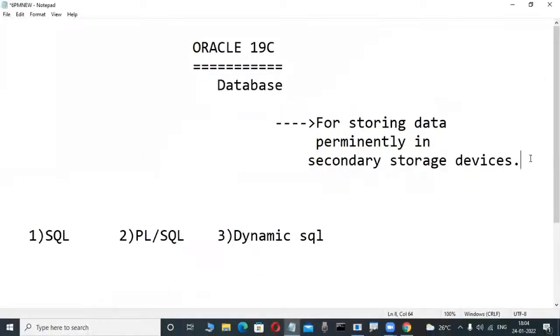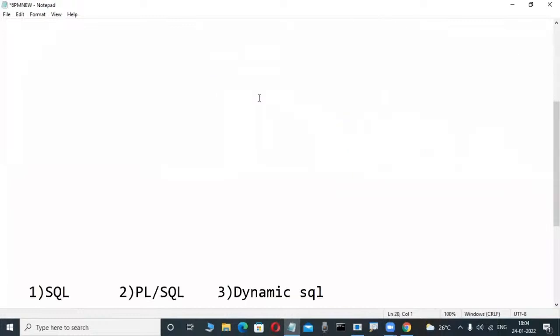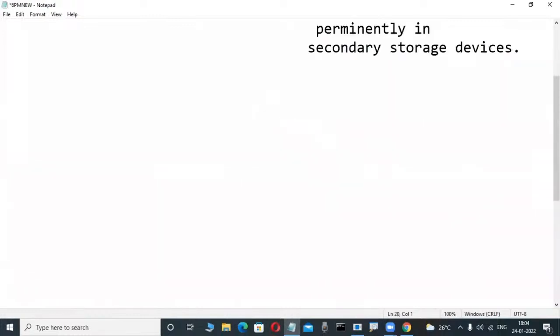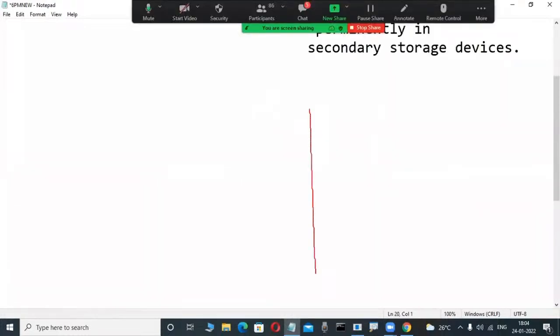Not only permanently storing the data, but also retrieving the data efficiently. But as I told in previous classes, a database is a place. Whenever we install Oracle, SQL Server, or DB2 in our system, one place is created automatically.